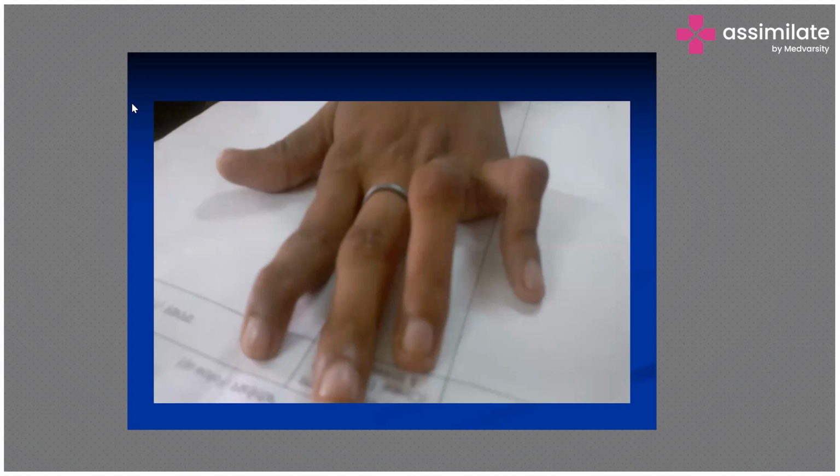Come on. See, this is a picture where you can see both the deformities of the hand. Index finger, which kind of deformity?